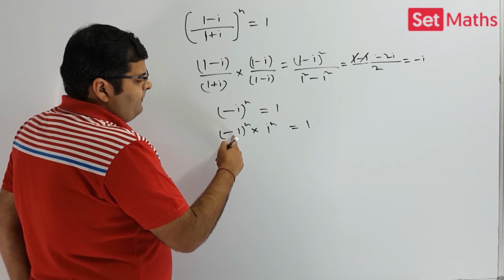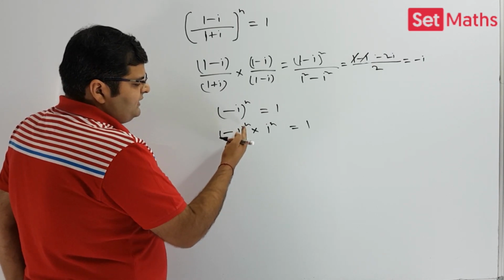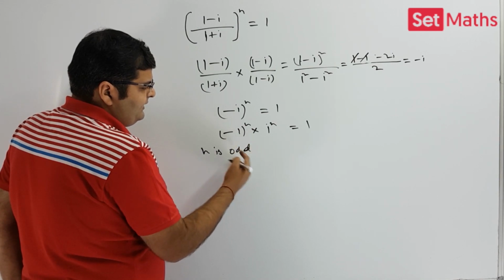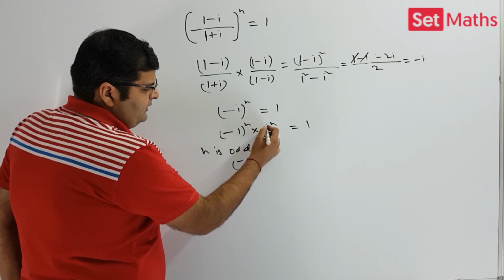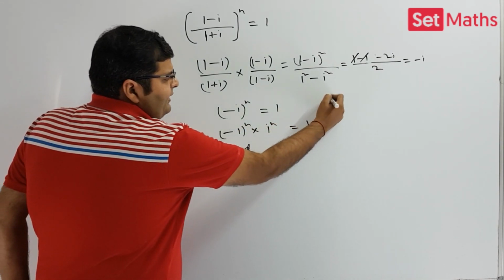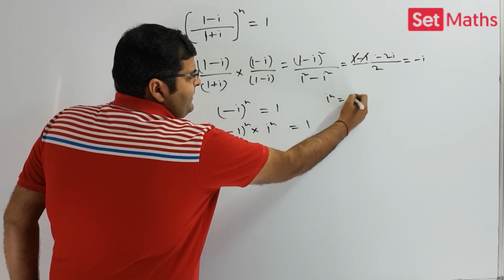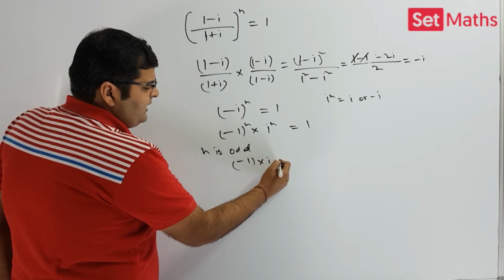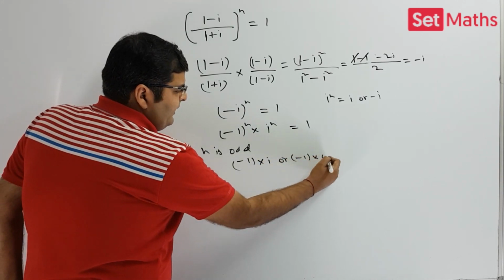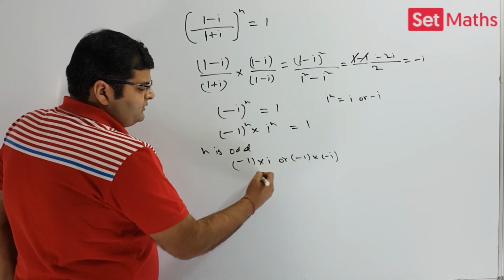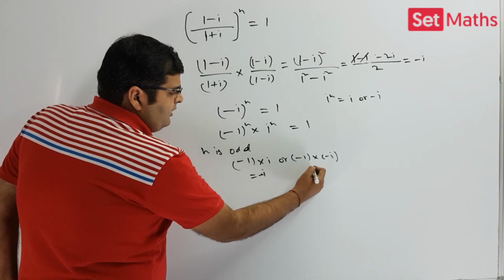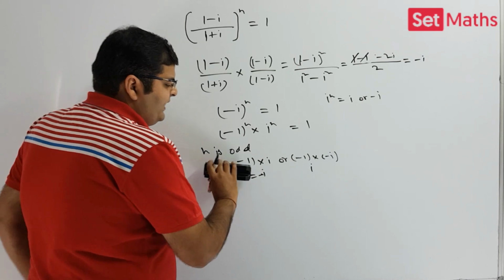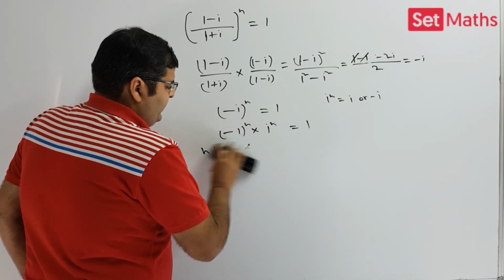So over here, (−1) raised to n, if n is odd, in that case, this becomes minus 1, and i raised to n will be either i or minus i. So this will be minus 1 times i or minus 1 times minus i when n is odd, so this will be minus i or i. I am not going to get 1 over here when n is odd. So that means n can never be odd.